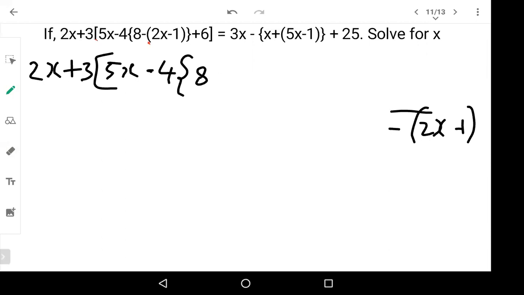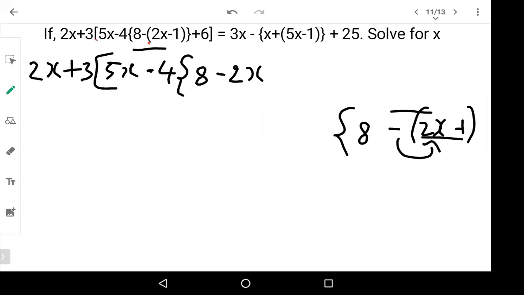So minus into 2x will give you minus 2x. I'm repeating this again. In this bracket, after 8, instead of any number, there is just a minus. So minus is to be multiplied to the whole numbers, whatever is in the equation.